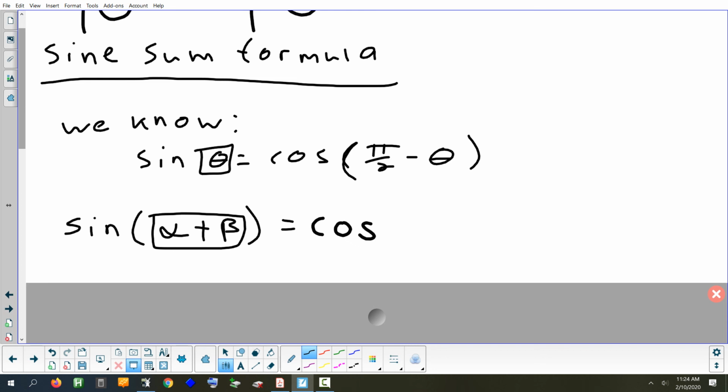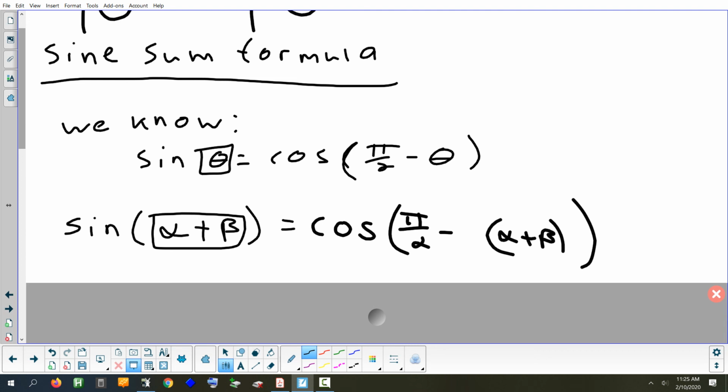Anyone think they could tell me what I could put inside there using the identity that's above it? Cosine of pi over 2 minus alpha plus beta.